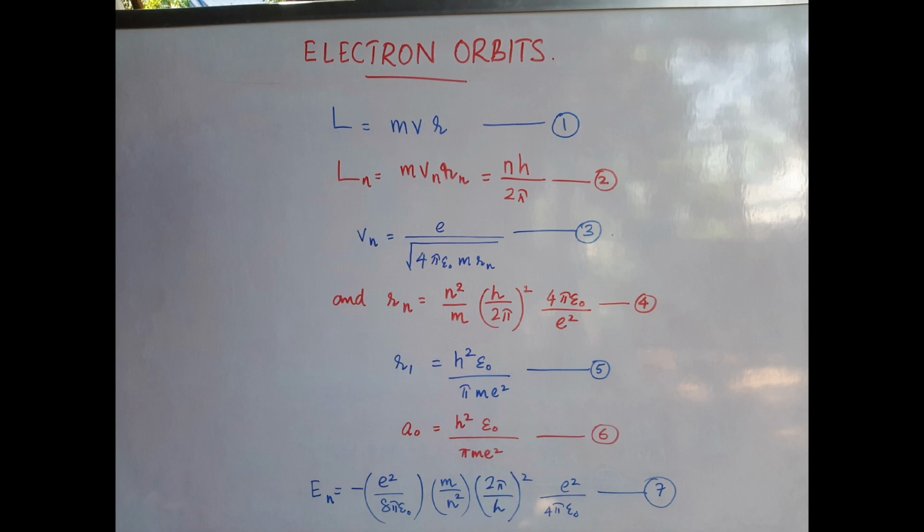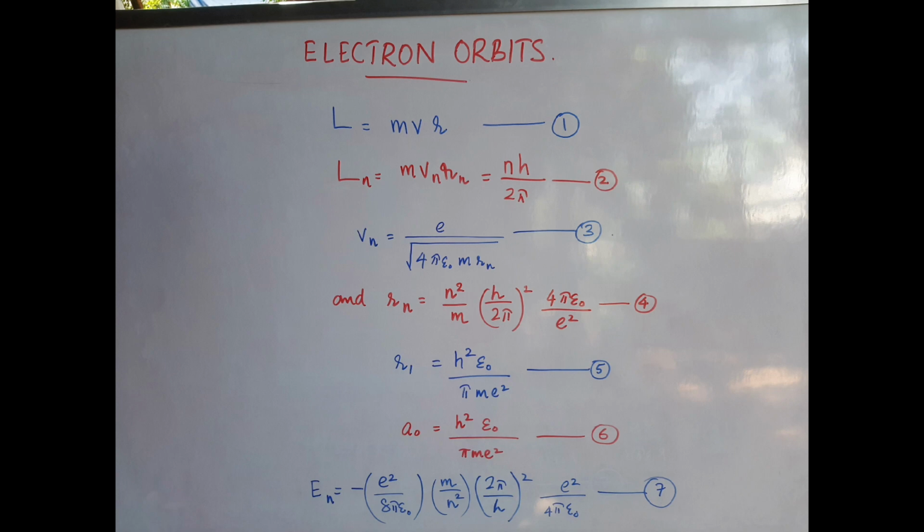Substituting these values, the equation yields En = -2.18 × 10⁻¹⁸/n² joule. Atomic energies are often expressed in electron volts rather than joules, since 1 eV = 1.6 × 10⁻¹⁹ joule. The equation can be rewritten as En = -13.6/n² eV.